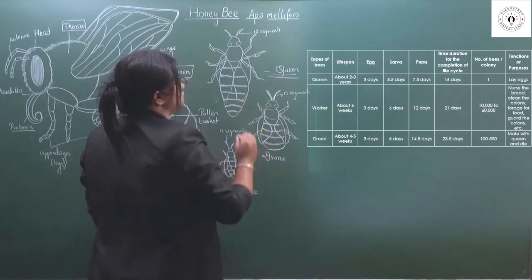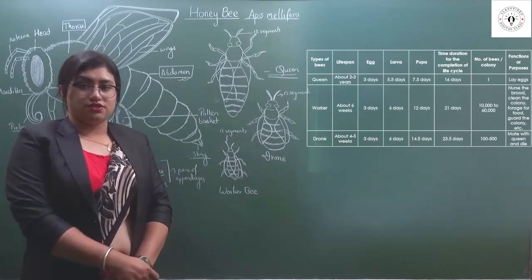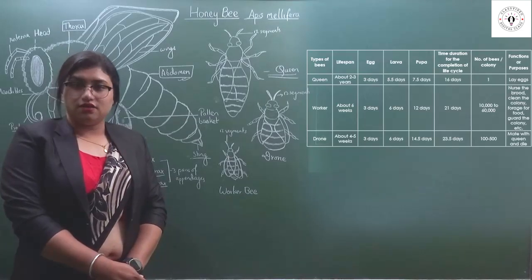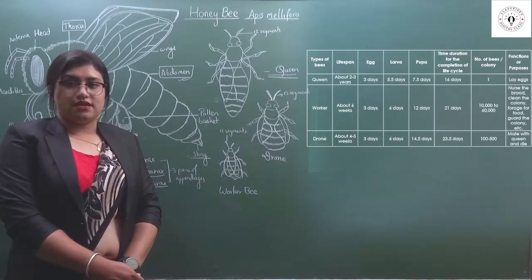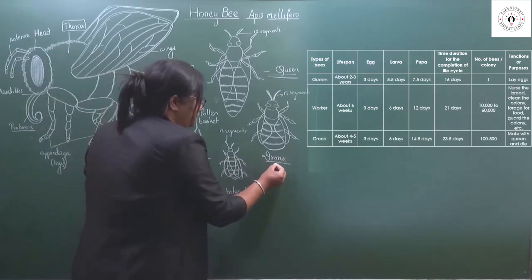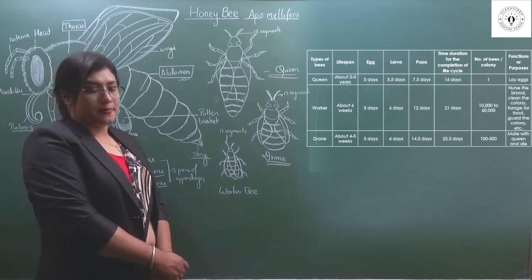Let's revise. Queen bee, the function is solely reproduction and producing this smell so that the other bees can recognize her and her beehive. Next, drones, just to mate with the queen bee.